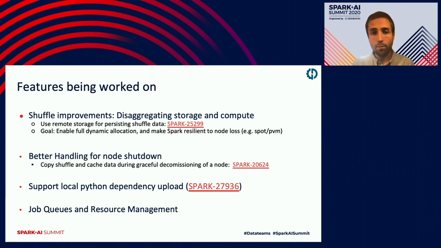But now the next improvement is to use this remaining time to live to copy any shuffle data or any cache data to another node so that you don't lose it. Other work being done is support for local Python dependency upload when using Spark Submit, and also the general topic of job queues and improved resource management, which I won't go into detail now.